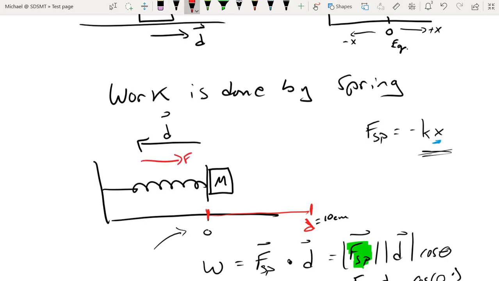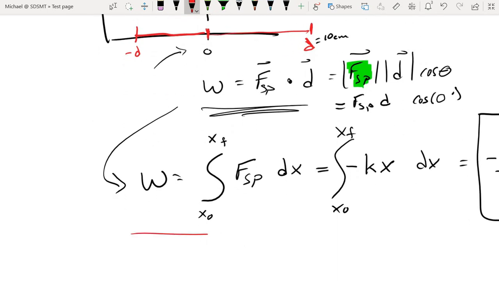The spring is going to fight us. This time we'll let the spring go back to a displacement of negative d. We're expecting to get negative work out of this because our two vectors are in opposite directions.